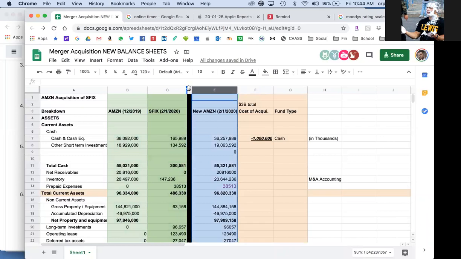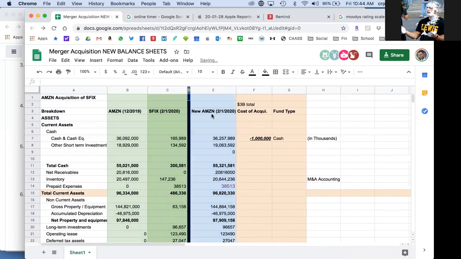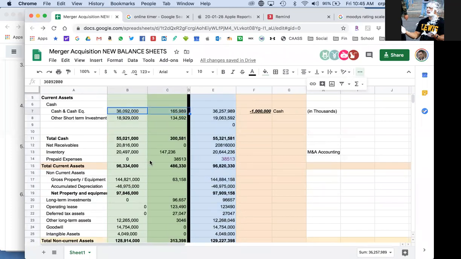Then I put a black bar, I just colored column D black, so there was a really good separation. 3, just merge them all. So the actual formula would be to sum all of this.